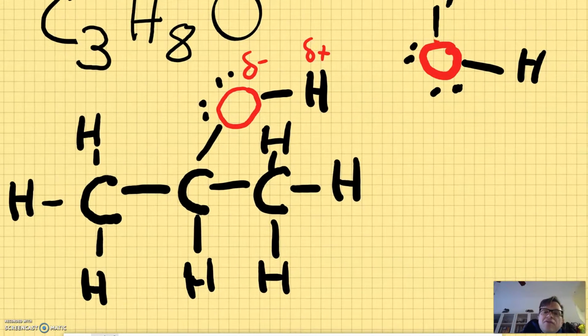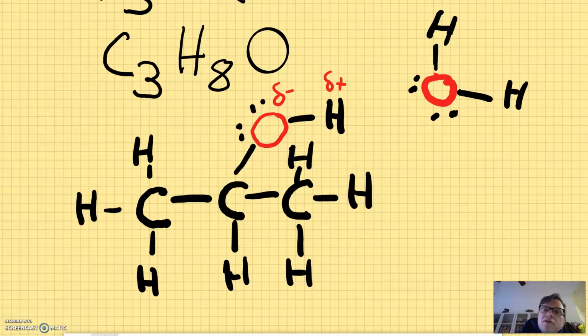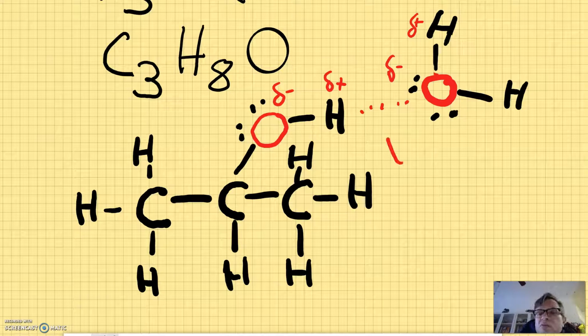This means that if you were to mix this alcohol with water, the opposite partial charges on the water would be attracted to the isopropanol and would mix, and so they can dissolve in each other by forming hydrogen bonds.